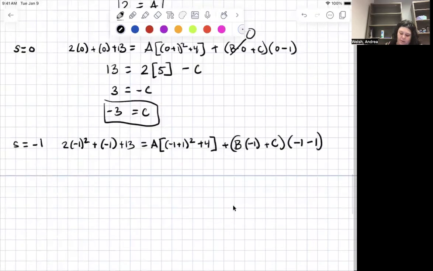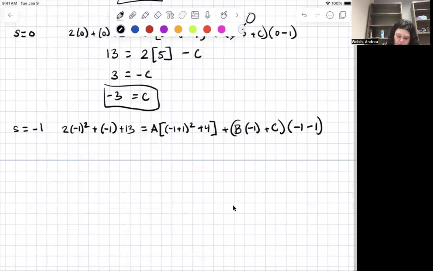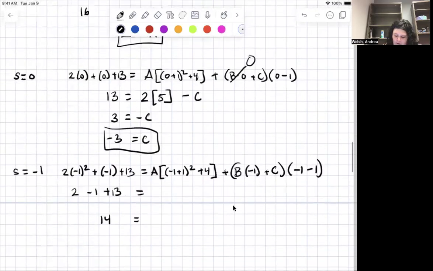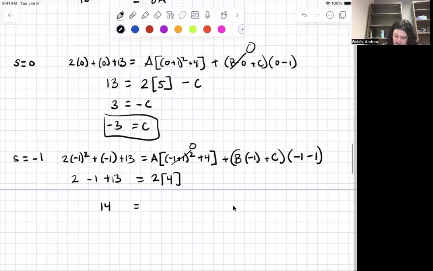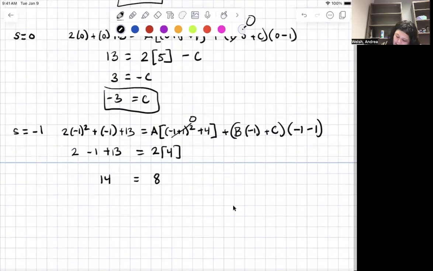All right, let's go through this carefully. We get minus 1 squared is 1 times 2, minus 1 plus 13. I'm going to just take care of the left-hand side for now. So that gives us 12 plus 2 is 14. Great. A, we said, was 2. 2 times 4, because this term goes away. And this is 8. And now make sure to be careful about our parentheses.